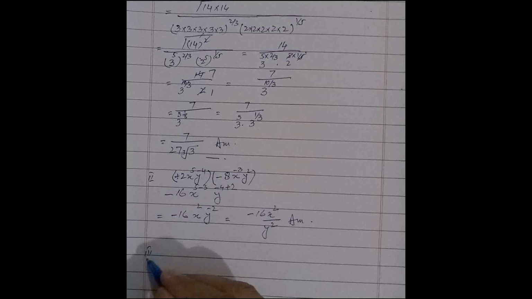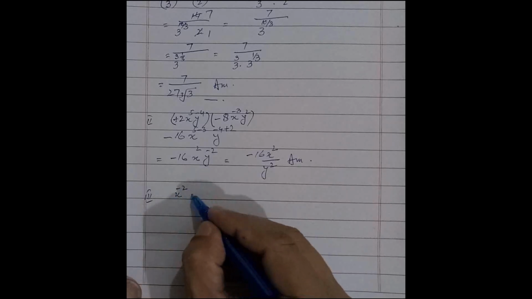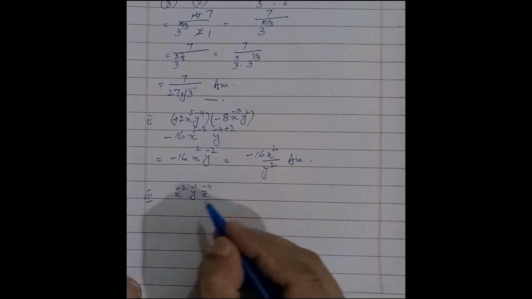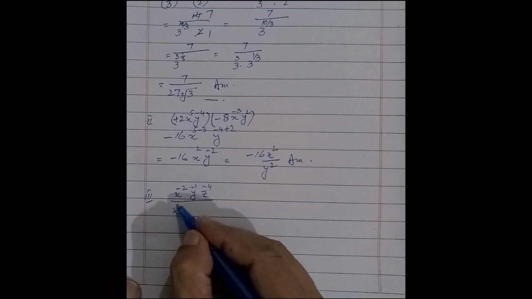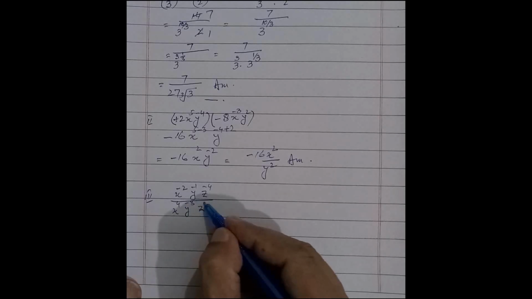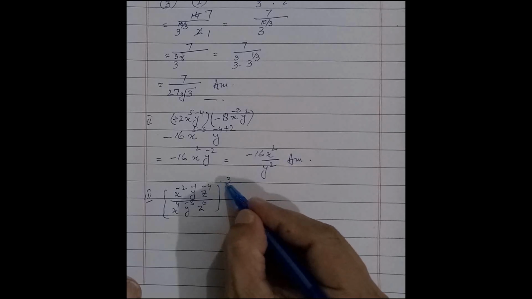And in part 3, x power minus 2, y's power minus 1, z power minus 4 over x power 4, y's power minus 3, z power 0, and whole power minus 3.